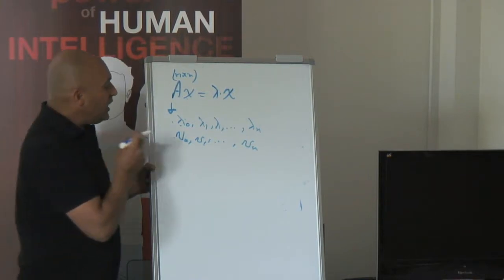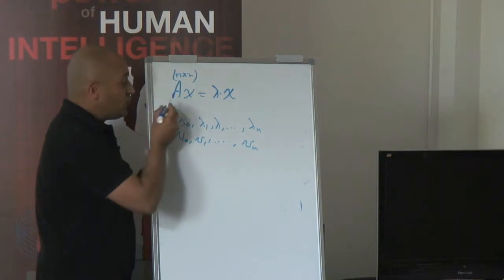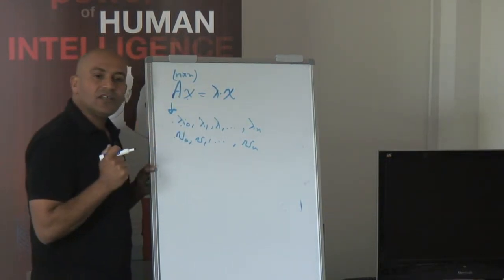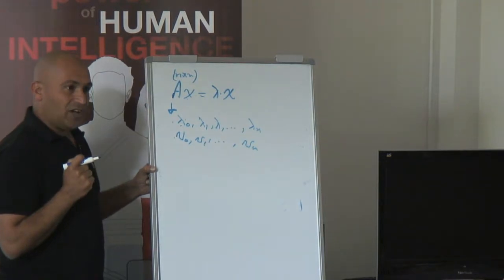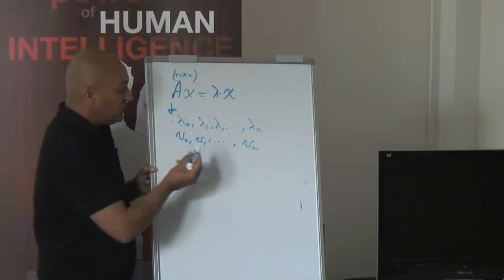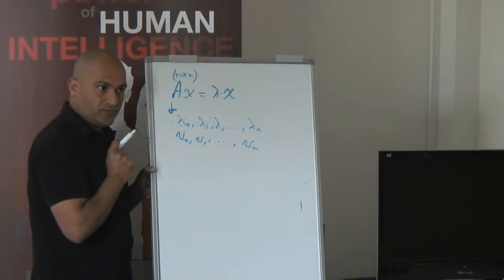Now, one approach to solve this is to create a triangular matrix, and the moment we create a triangular matrix, it's very easy to compute the eigenvectors.